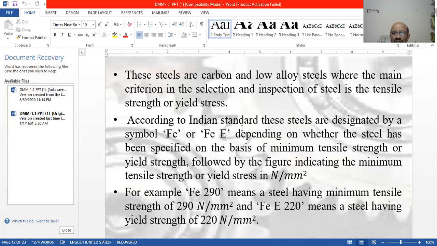The 290 or 220 will be mentioned. That is the strength, a tensile strength or yield strength. The unit is how much force, in Newtons, is acting per mm square, that is, per unit area.